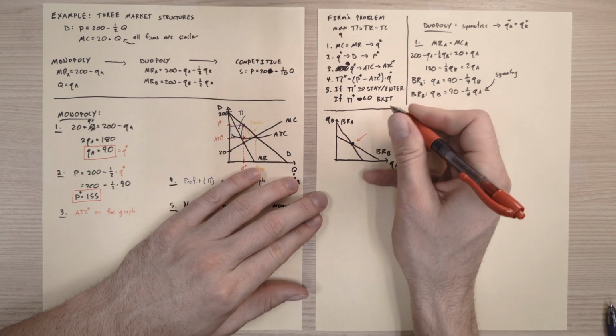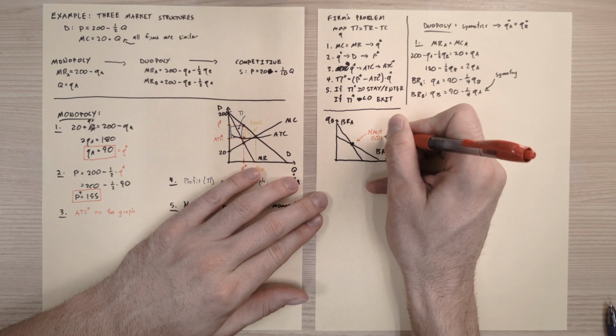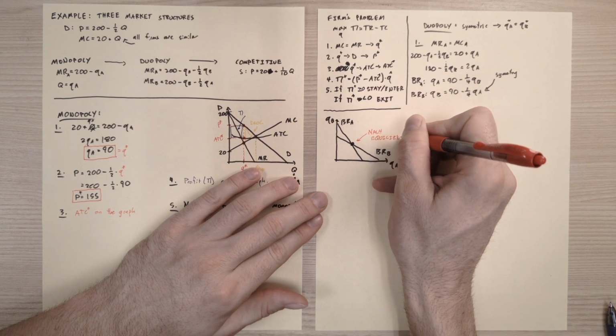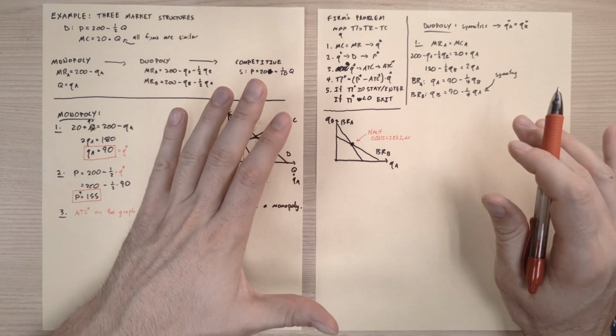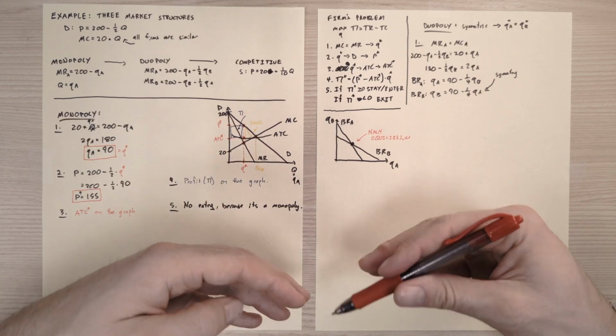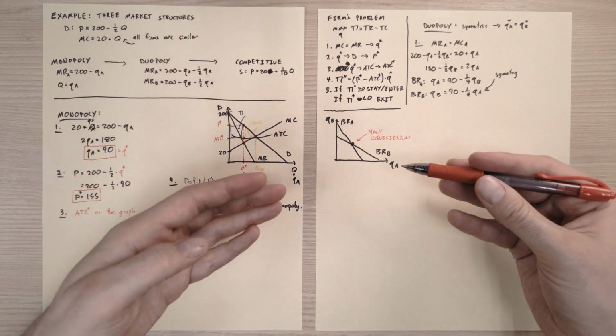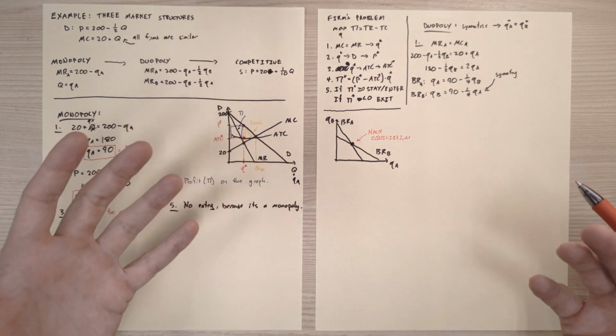So our Nash equilibrium essentially just tells us what are the quantities where neither firm playing against each other would wish to unilaterally deviate. Which quantities tell us that both firms are going to be happy.